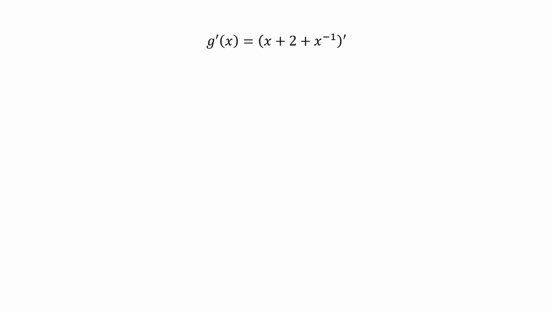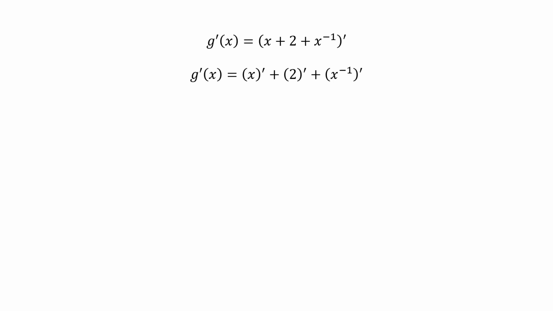We can now differentiate this function. To begin, we notice that the function is the sum of three simpler functions, so we apply the sum rule to obtain g prime of x equals (x) prime plus (2) prime plus (x to the negative 1) prime. And like the previous example, we do not need to use the constant multiple rule, as these functions can already be differentiated.